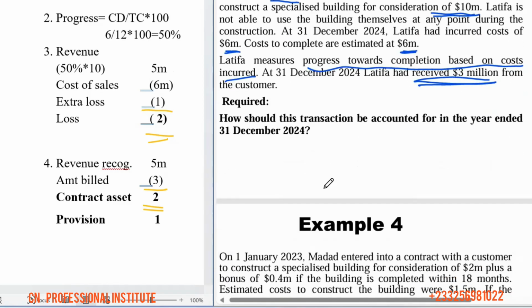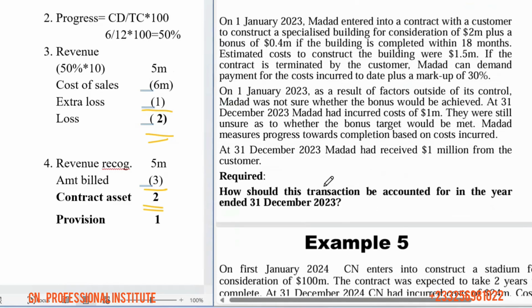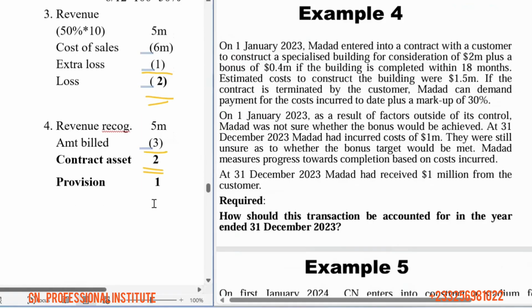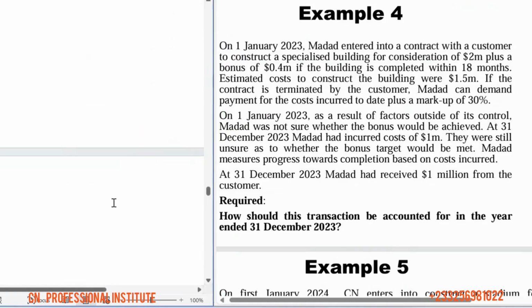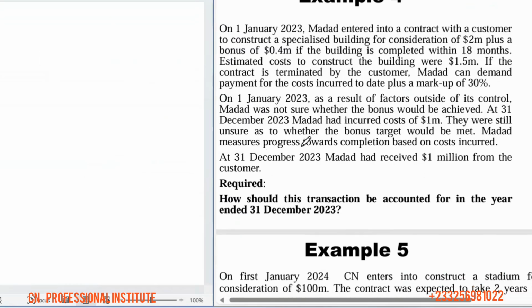Let's look at question 4. Question 4 says, on 1st January 2023, so let me write example 4.